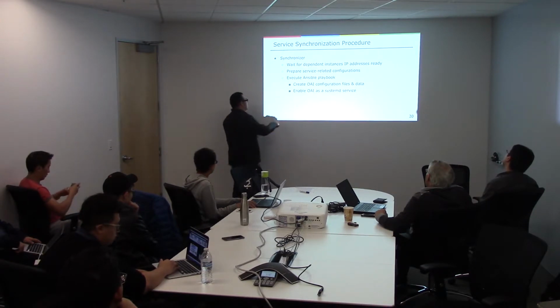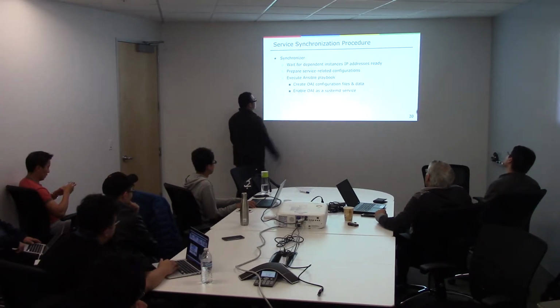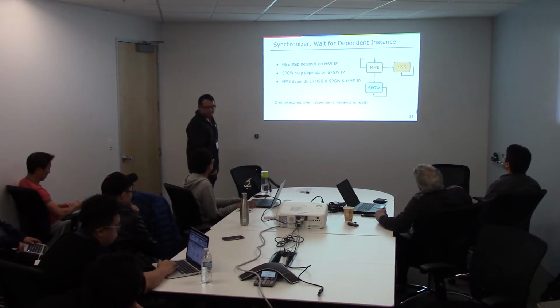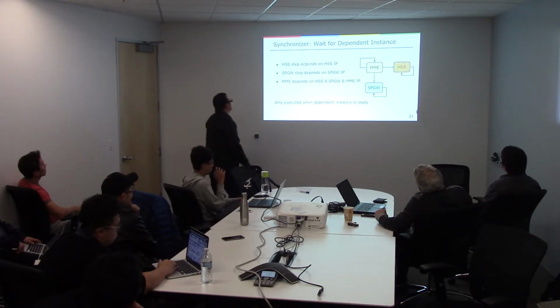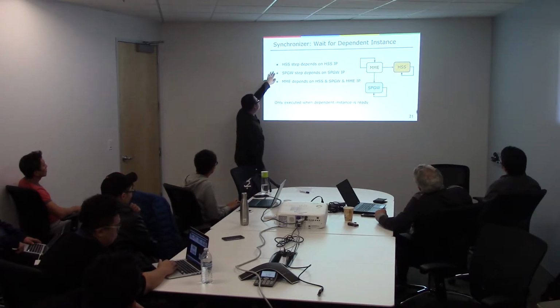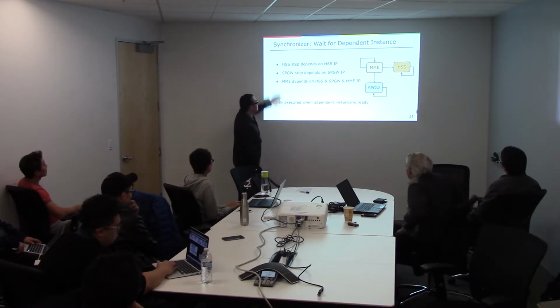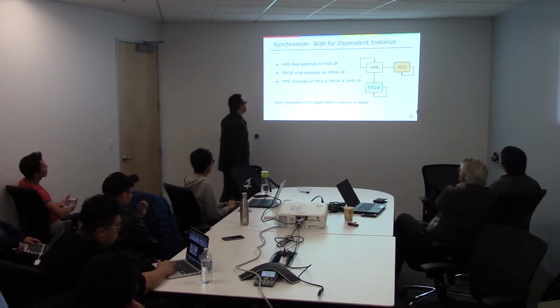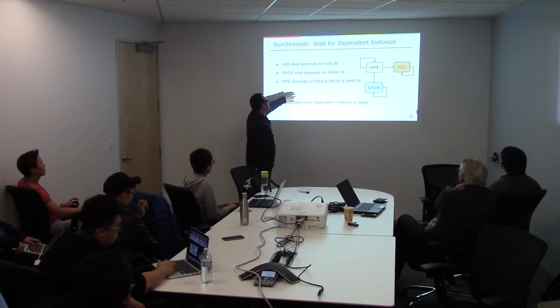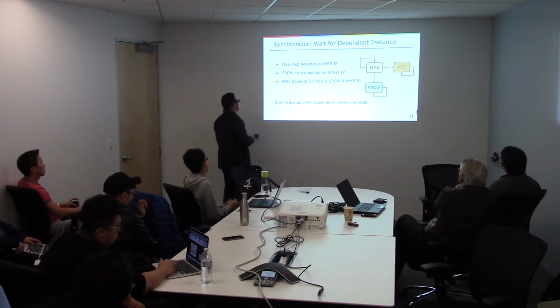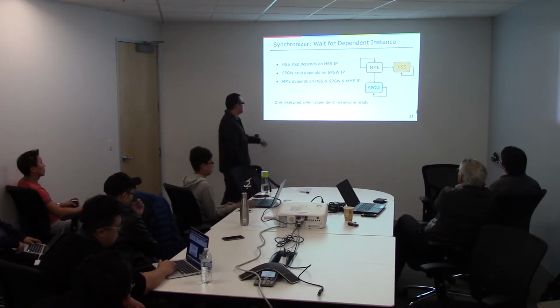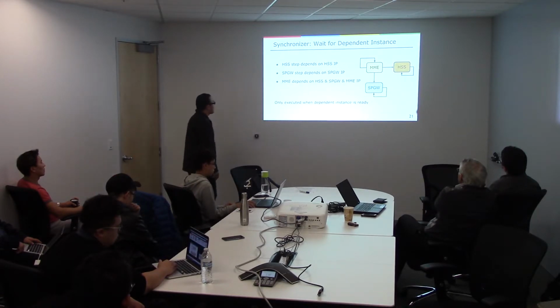Then Ansible will enable the OAI as a systemd service. So, as I say, the HSS and the SP gateway only need to depend on their own IP. And the MME will depend on the HSS IP, the SP gateway IP and its own IP. So the synchronizer will only execute when the dependent instance is ready.